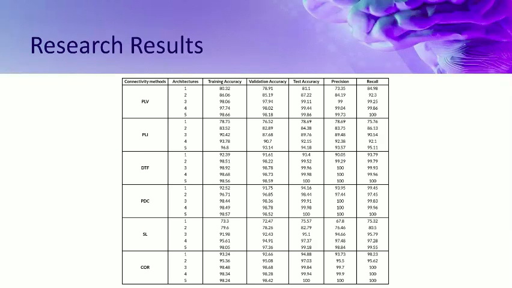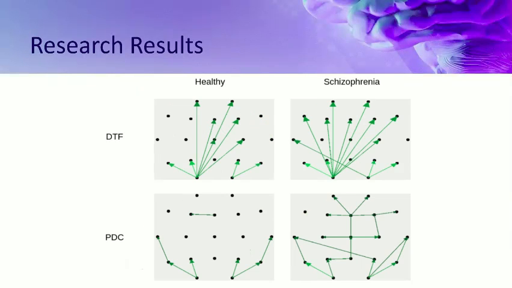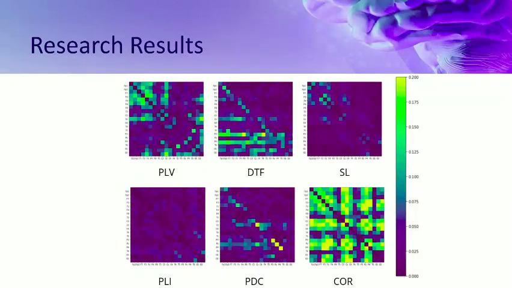PLI and SL are comparatively the least performing of all the indices. The best performing connectivity measure is the DTF, which almost gave 99% accuracy for architecture 5. Similarly, PLV and correlation also follow a similar trend. So we can relate this to the differences.